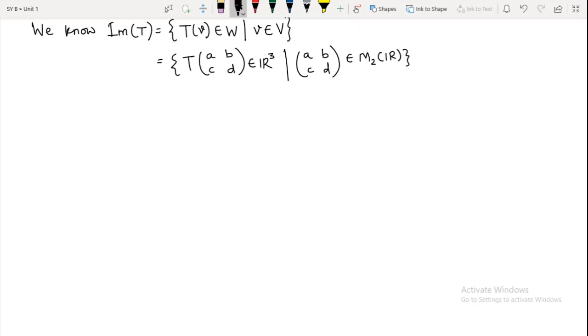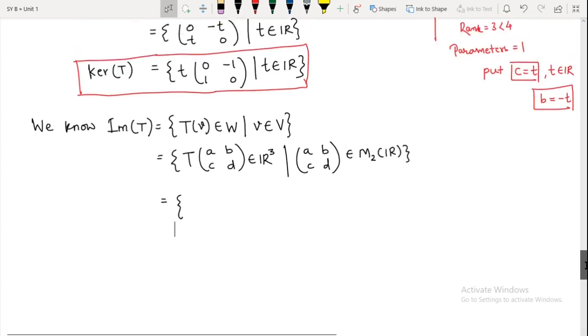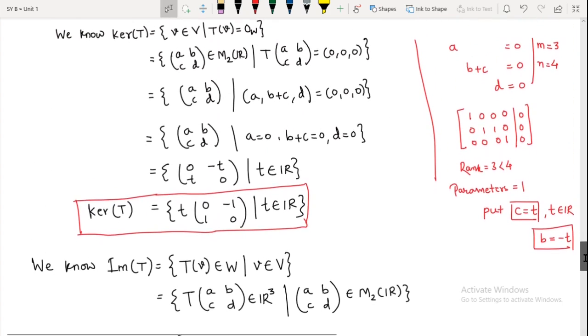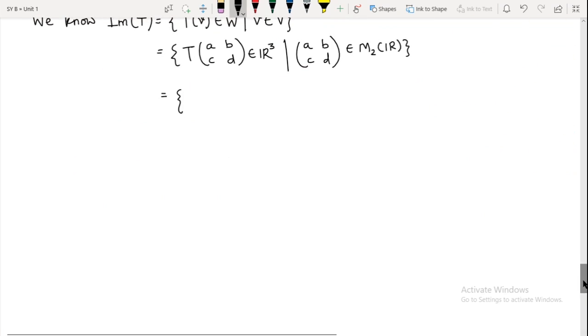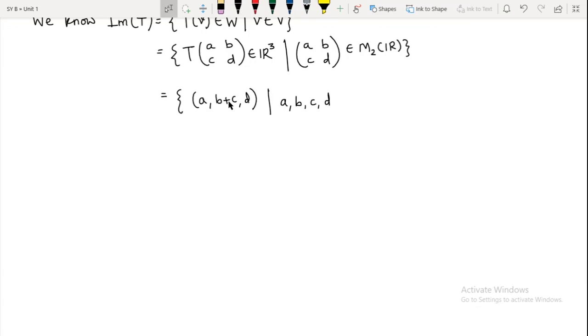Right? So which is further equal to, now how is our T defined? T of ABCD is nothing but A, B plus C and D, right? So A, B plus C and D. Now I will not write this belonging to R3 because from the context it is clear that it belongs to R3 only, such that now you can see how many variables are visible, 1, 2, 3 and 4. So I will write here such that this A, B, C and D belongs to R. So this is further equal to, now you can take that A out.